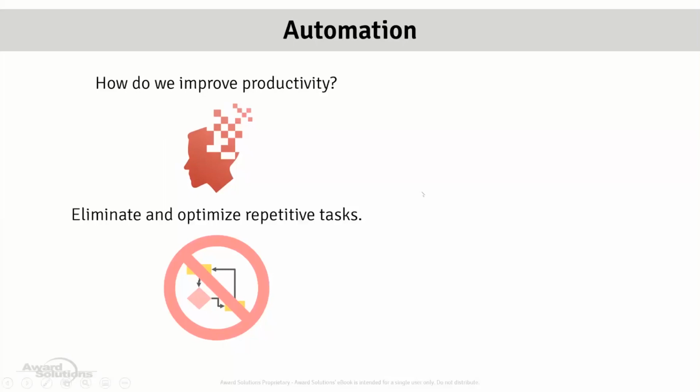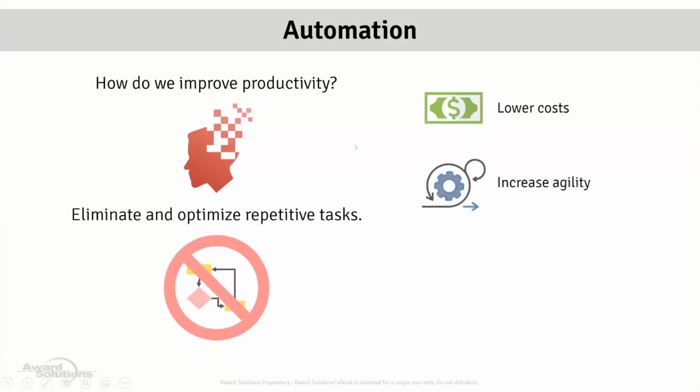So why do we automate? We're automating to lower costs. We're automating to increase agility. Because of that automation program I wrote for her, I caught things that she missed by accident. She was looking at the schedule manually and she missed a course.